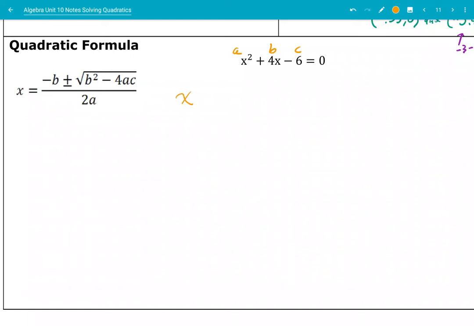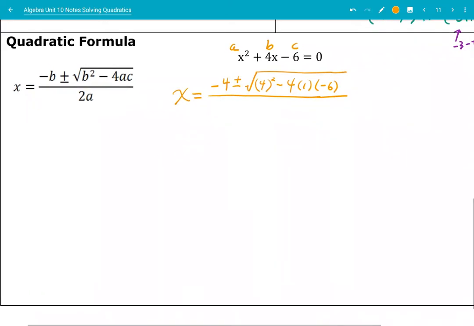So our formula is this: x equals negative B, so negative 4, plus or minus the square root of B squared, minus 4 times A, which is 1, times C, which is minus 6, all over 2 times A, which is 1.